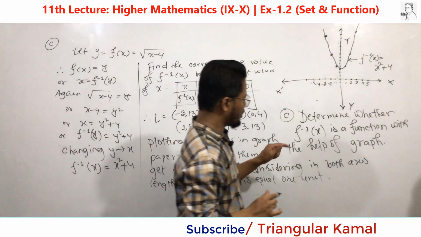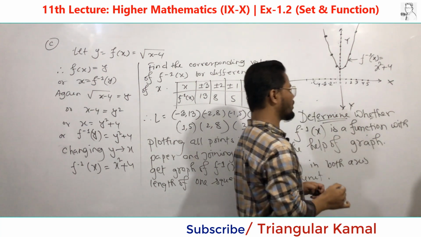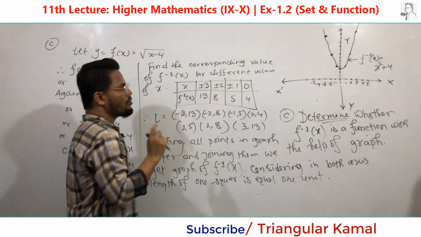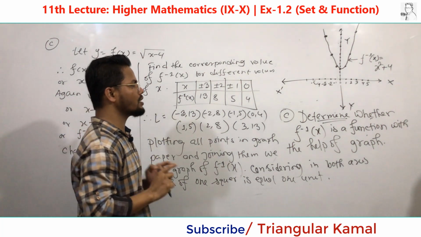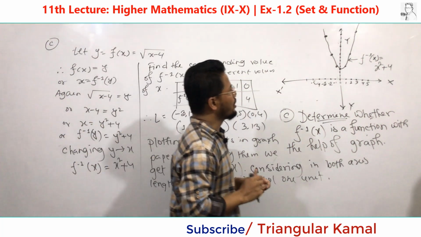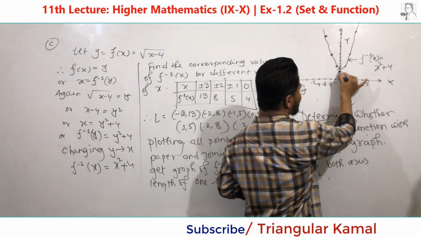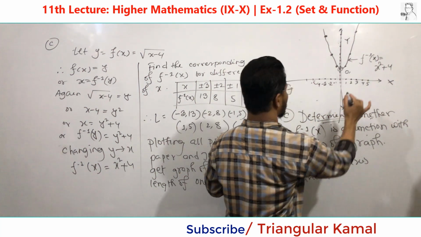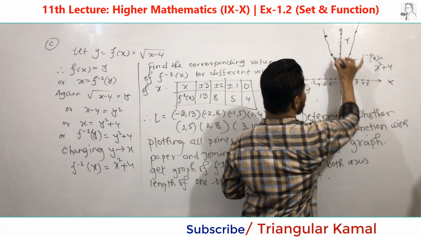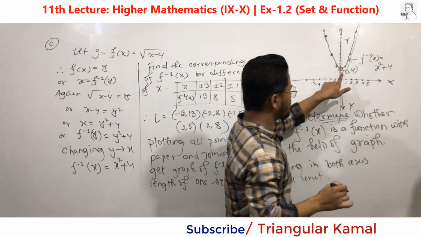Now determine whether f inverse x is a function. So just identify, is it a function or not? In our previous classes we have discussed these types of questions. Give attention to how many intersecting points you get here: 0, 4. Between the y-axis and the graph, only 1.